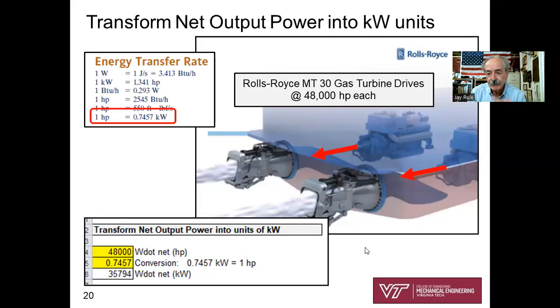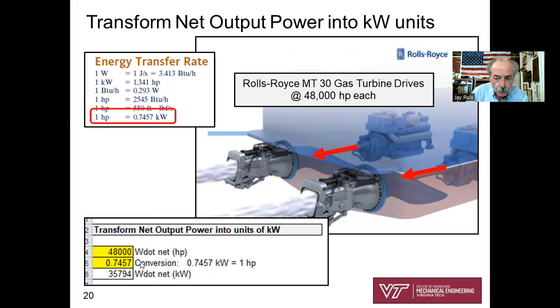Okay, the first step in our solution is to transform our given net output power into kilowatts. Planning ahead, we're better off immediately transforming that given information into kilowatts. We've got 48,000 horsepower. I look up in the back of the book for a conversion factor: 1 horsepower is 0.7457 kilowatts.